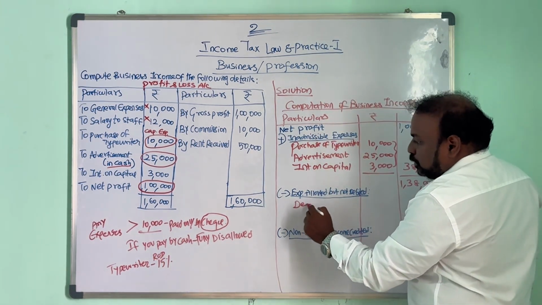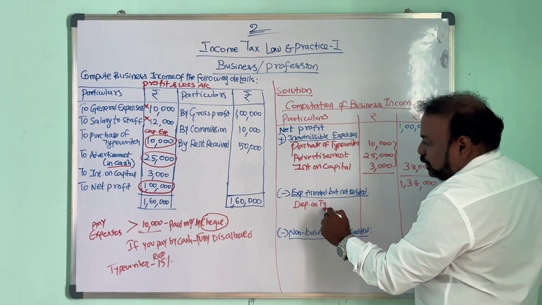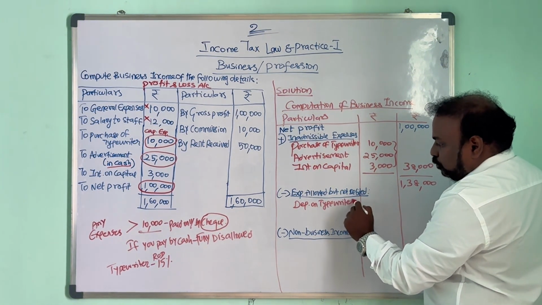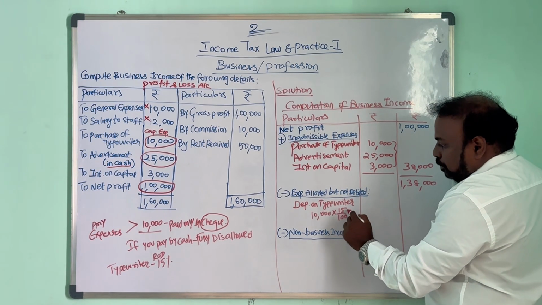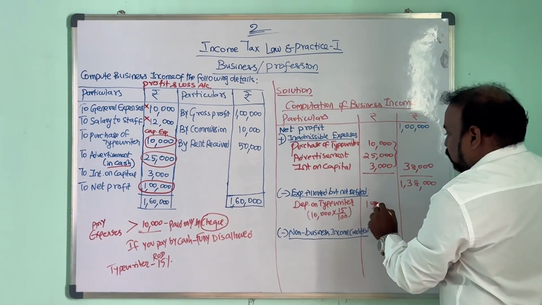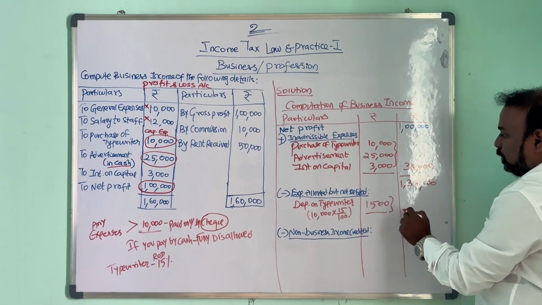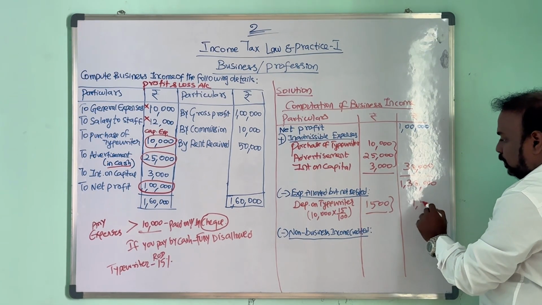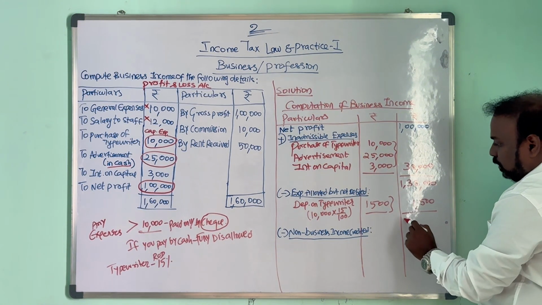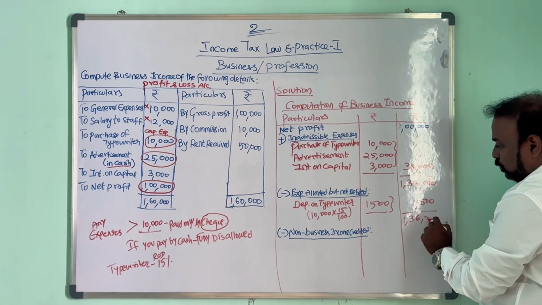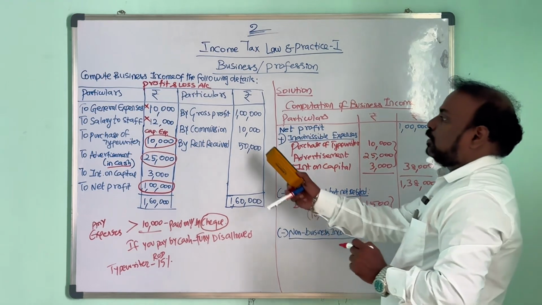So depreciation on typewriter, 10,000 into 15 percent, I'm getting 1,500 that can be deducted. So 1,38,000 minus 1,500 becomes 1,36,500.